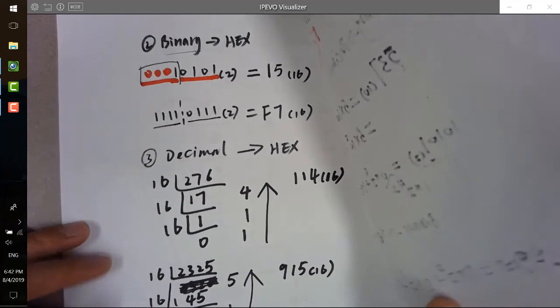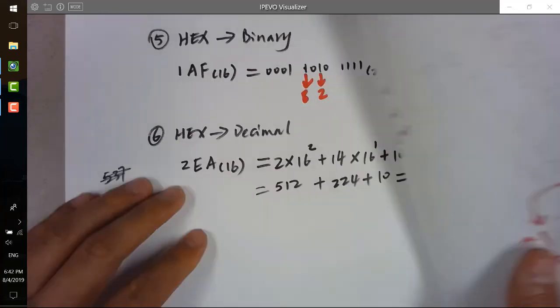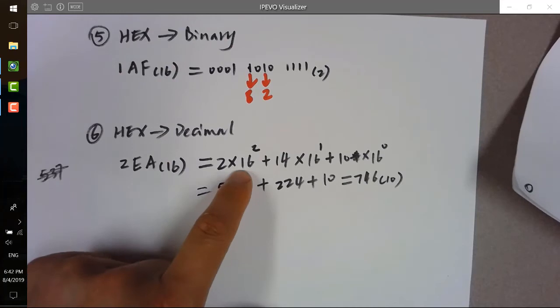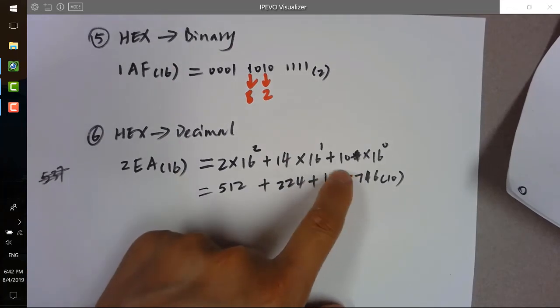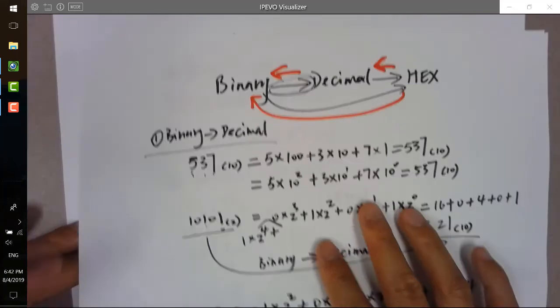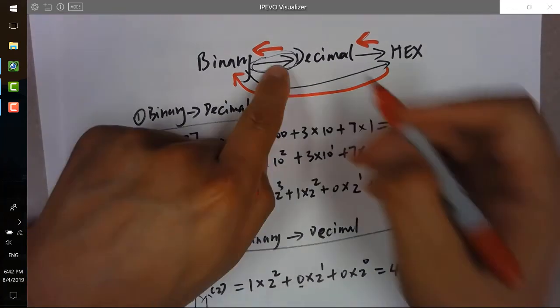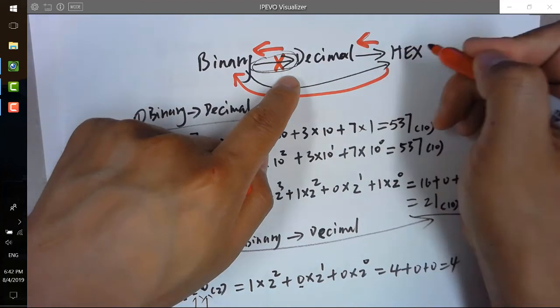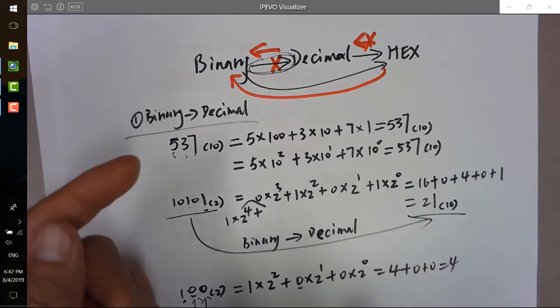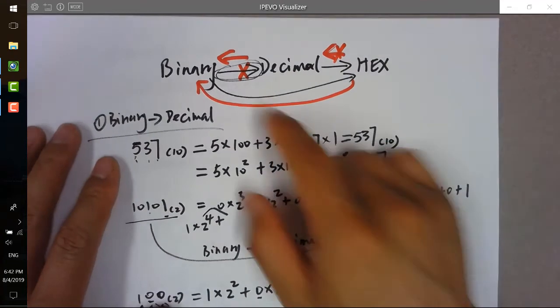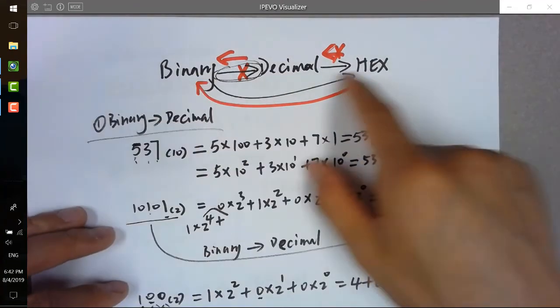So if you look at the hex to decimal, we do it in a pretty similar way, straightforward. Okay, so we are done for anything converted to decimal. We're done. You already learned how to do it. Okay, so now what about everything converted to binary?